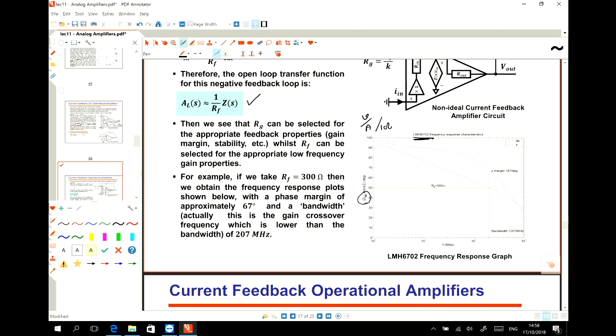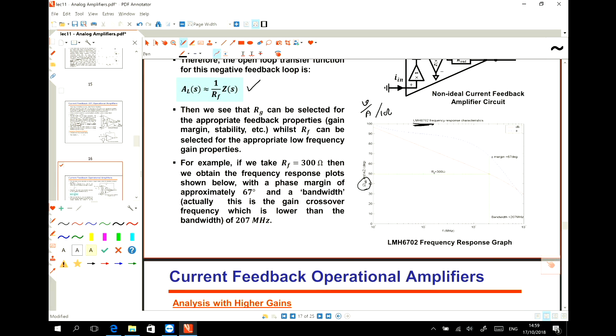So this is the amplitude of Z in dB. Okay? And then the phase, I think the phase is this side, from 0 to 90.